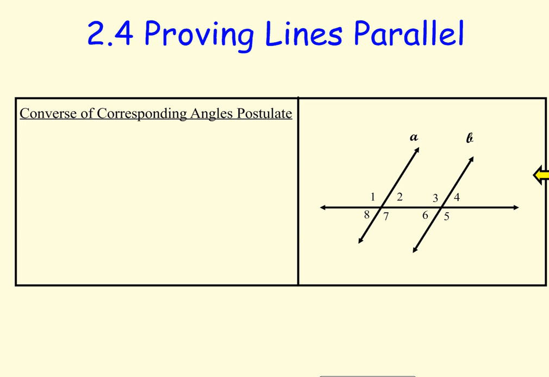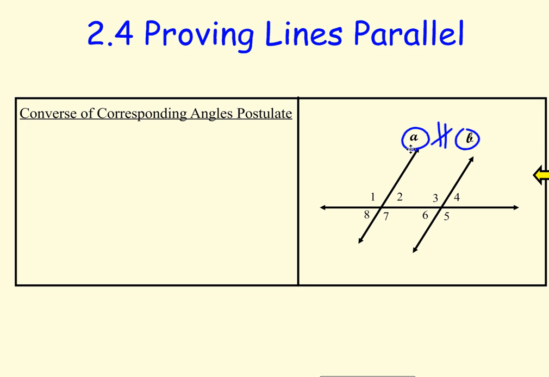So start with simple. Now, corresponding angles. If A and B were parallel, we could say that all sorts of angles were congruent. But remember, we don't know that they're parallel.